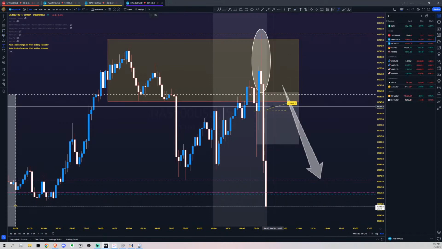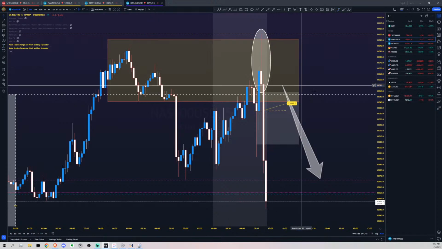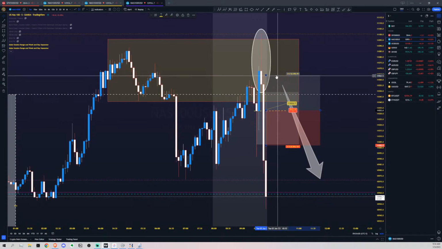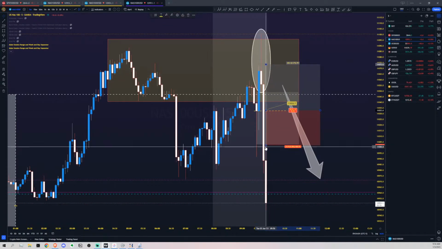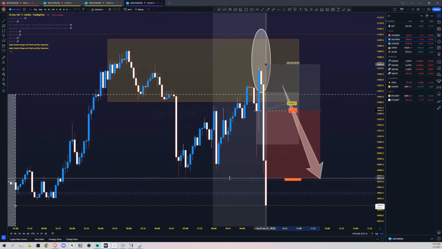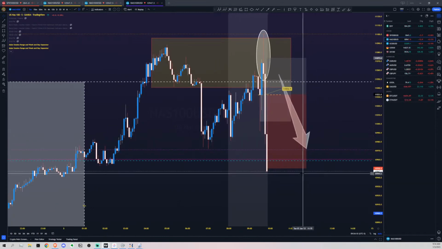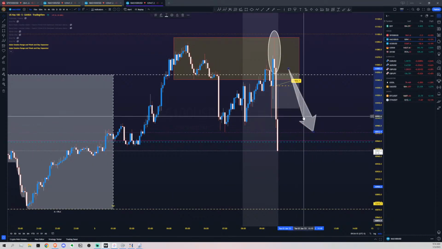$32, $35. Based off that analysis on the break candle, one. Me, I'm more conservative. I needed it to come back.